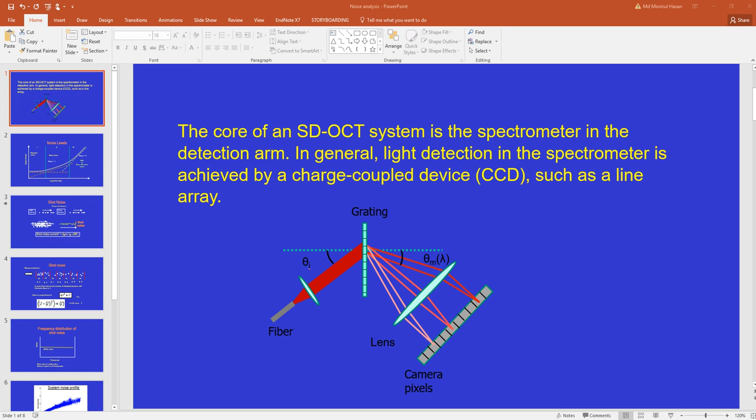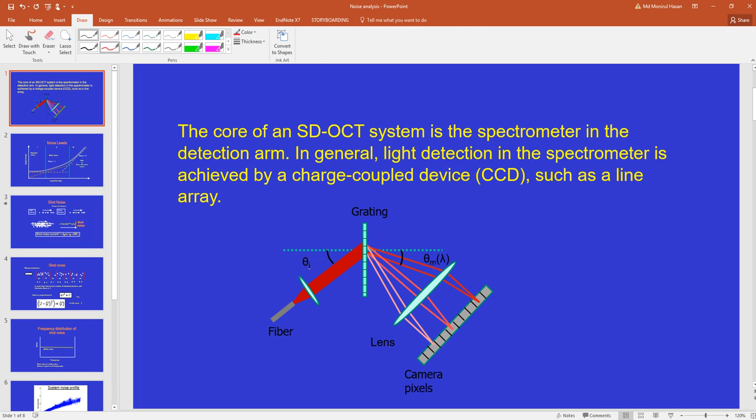The core of a spectral domain OCT system is a spectrometer in the detection arm. In general, light is detected in the spectrometer, and this is usually achieved by a CCD, or charge coupled device. So here we have a fiber, for example, and we are sending light in this direction.